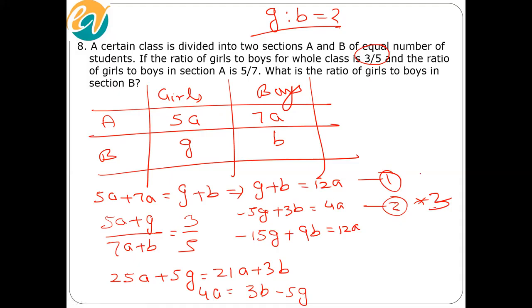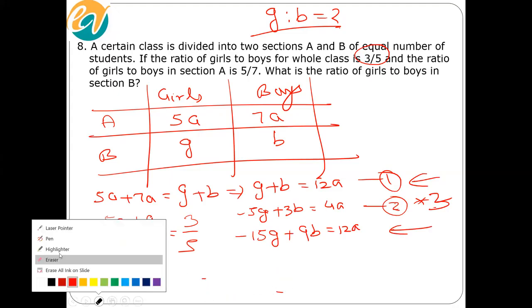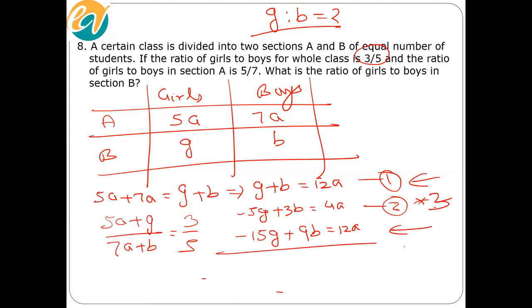And now I subtract basically this equation from this equation, correct? So if I subtract it, what do I get? So I'm just removing this now. If I subtract this, what do I get, guys? This becomes plus, this becomes minus, and this becomes minus. So these two get cancelled.